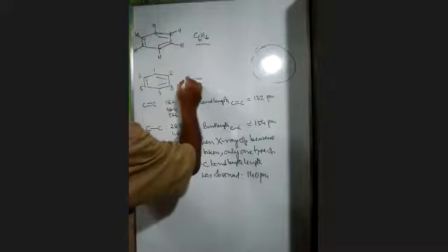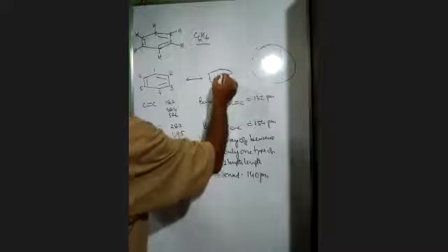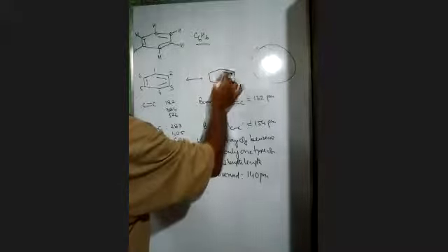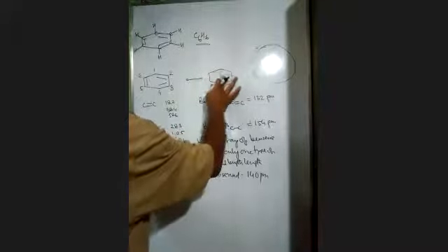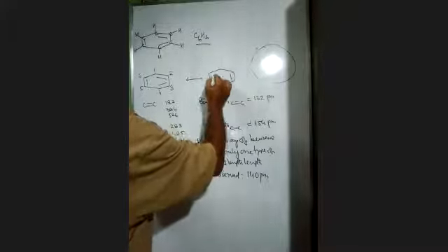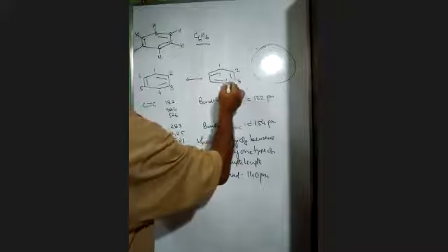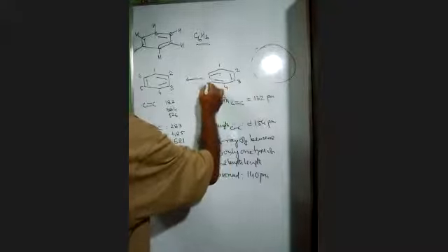All right. So, there is another structure being proposed. It is 1, 2, 3, 4, 5, 6.